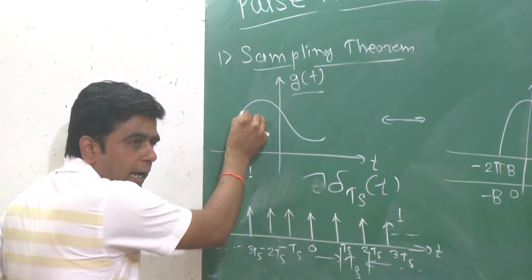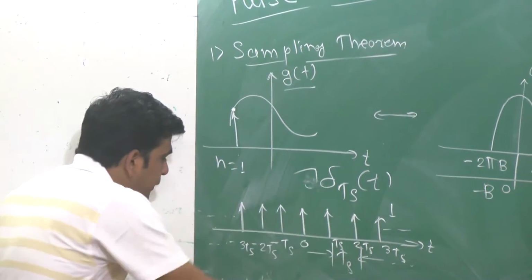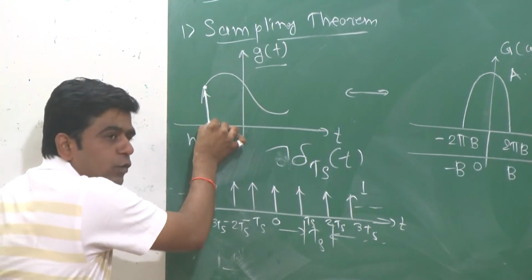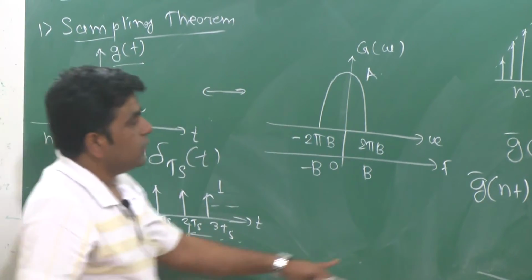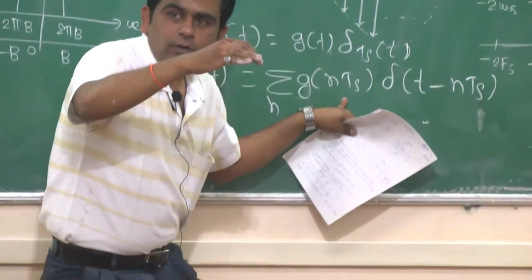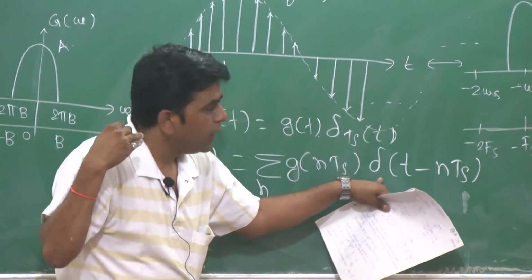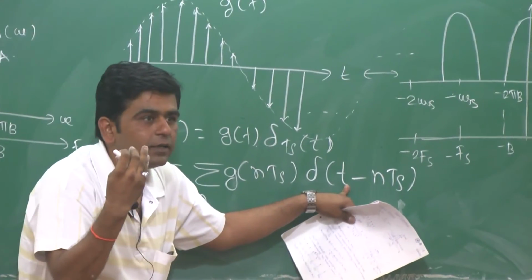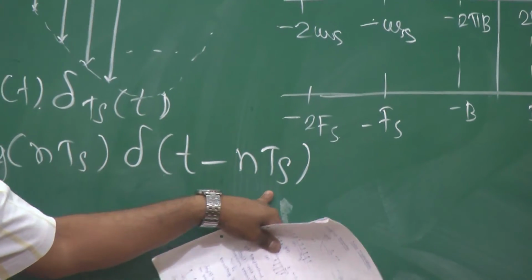The amplitude of the analog signal, that is g of t at this point, gets multiplied with the impulse value, n of Ts, amplitude of g of t at this point. The impulse train, that is a unit impulse, gets shifted, that is t minus nTs.